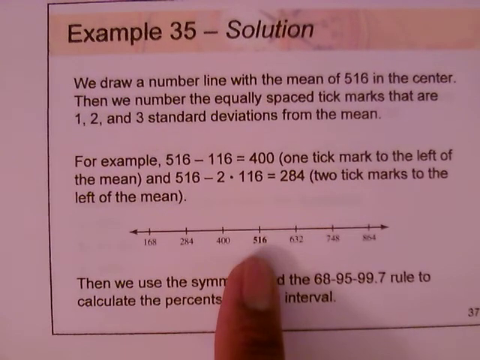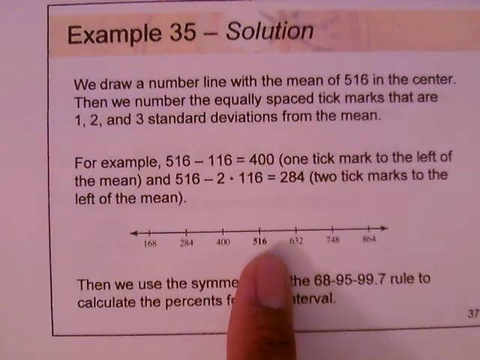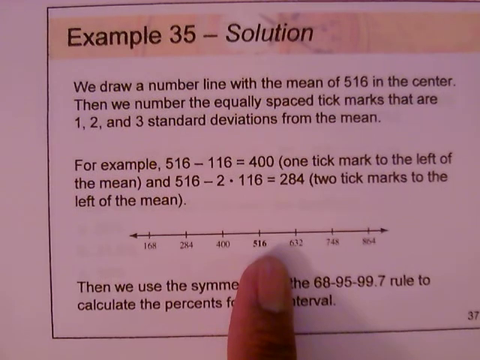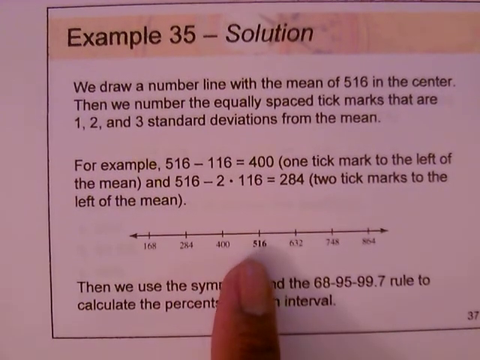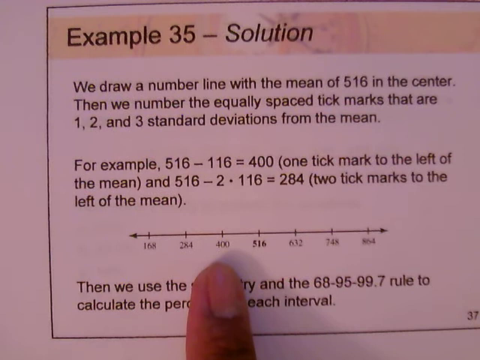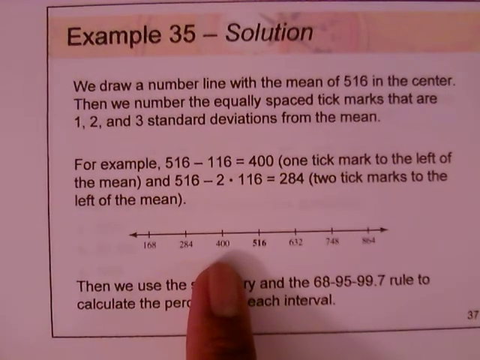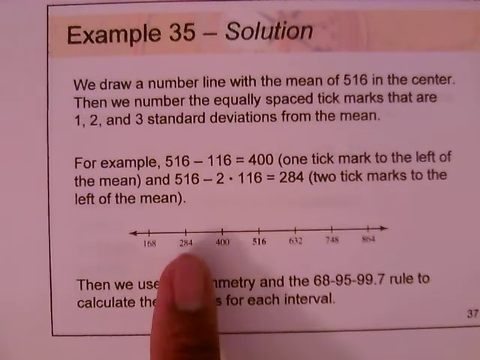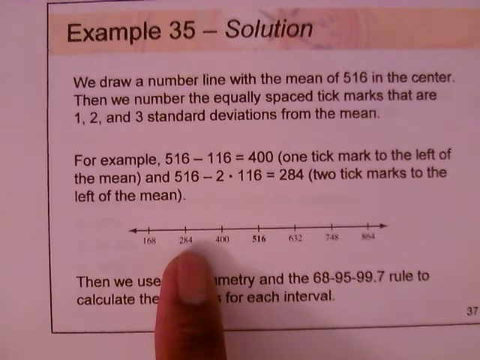That's your mean. So, one tick mark to the left of the mean, we have to subtract 116 from the 516 to get 400. Now, you can continue to subtract 116 to get this number and this number here. So, 400 minus 116 would give us this 284, and 284 minus 116 would give us that 168.